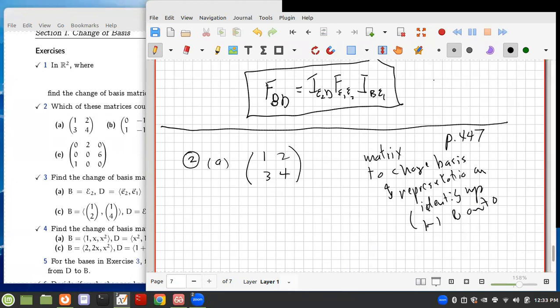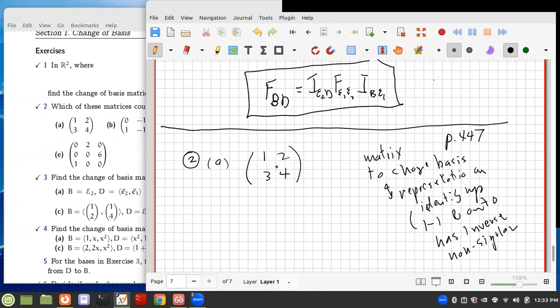Now, if it's 1-to-1 and onto, it has an inverse. And that also corresponds to the fact that it's non-singular. So any non-singular map can be used as a representation of the identity in some basis.